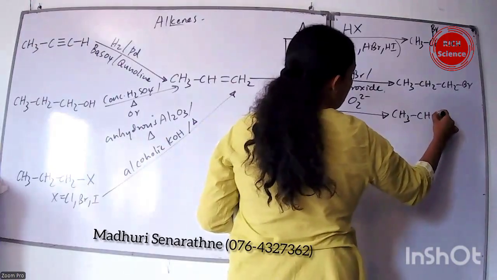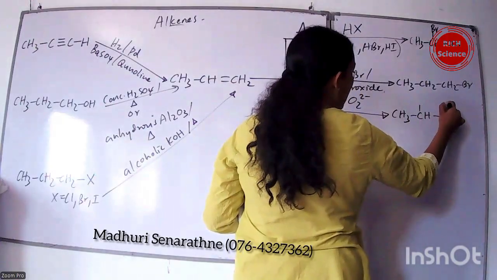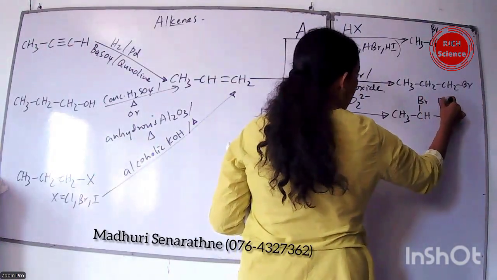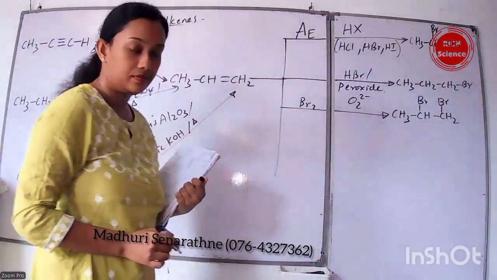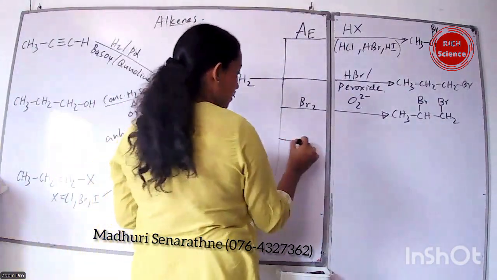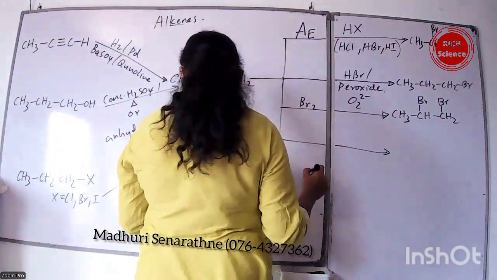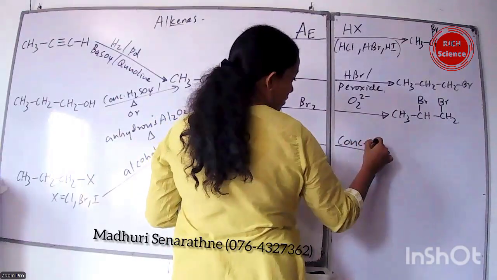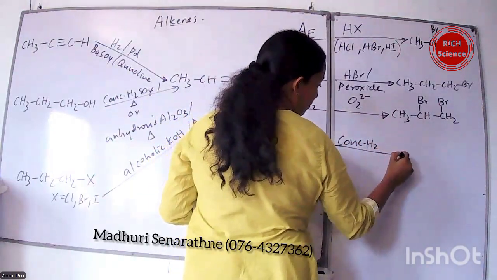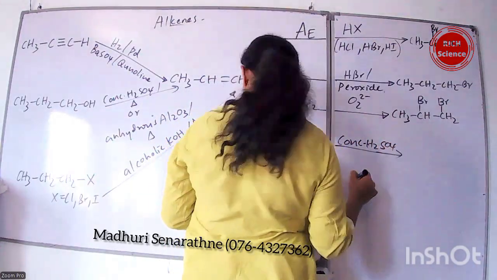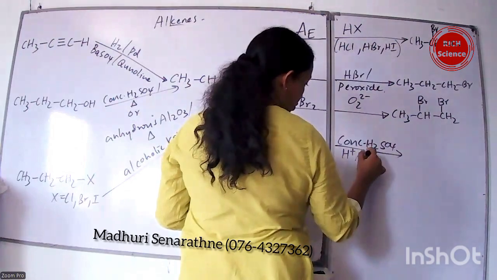Two bromine atoms go to two adjacent carbon atoms like this. And from sulfuric acid, H plus, H2O.